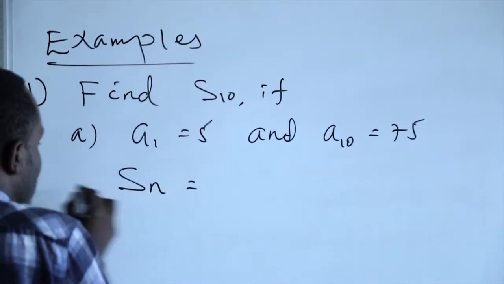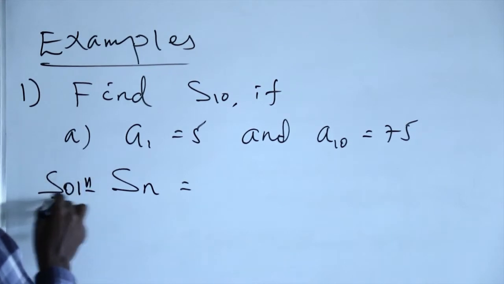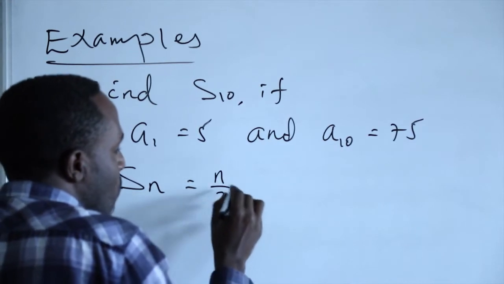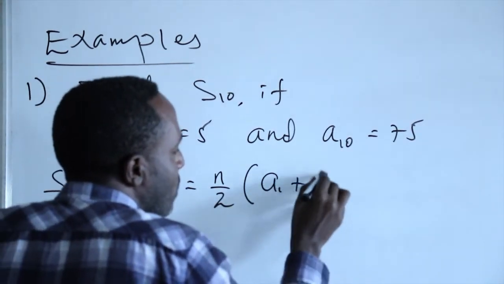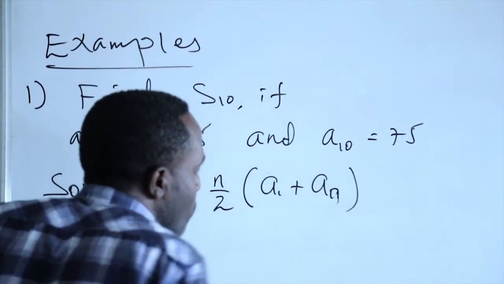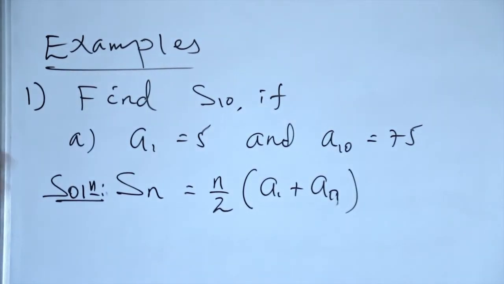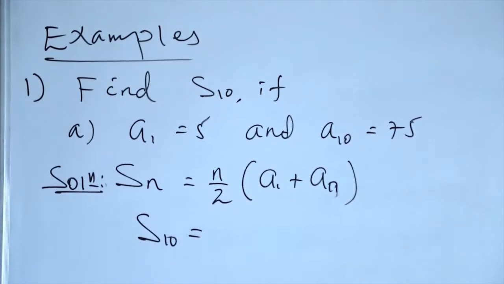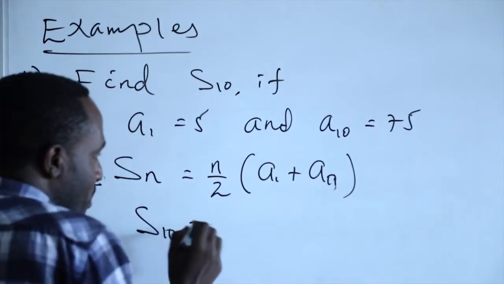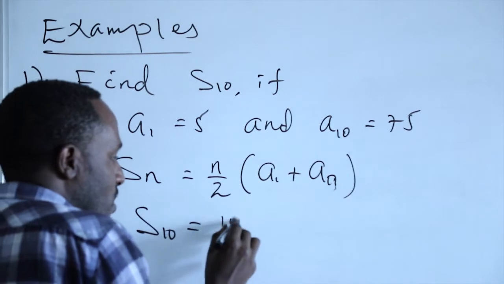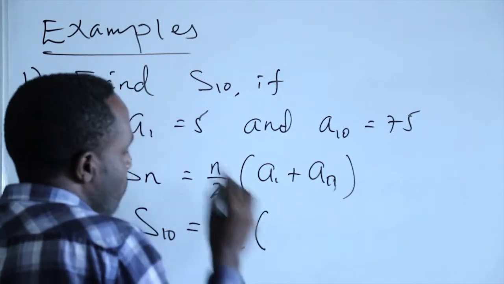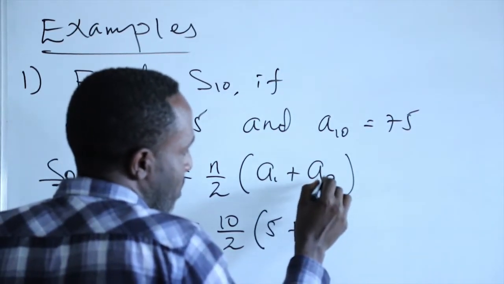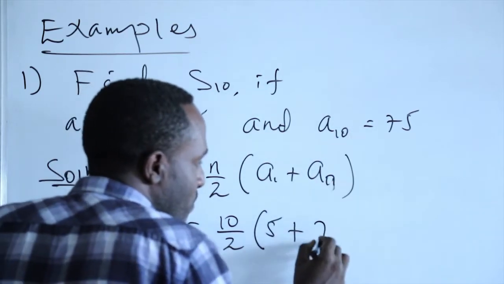As a solution, Sn is given by n over 2 into a1 plus an. Here n is 10, so 10 over 2 into a1, which is 5, plus a10, the 10th term, which is 75.